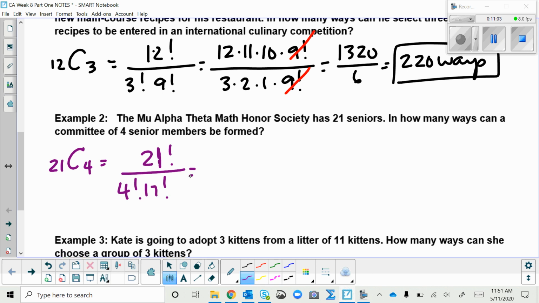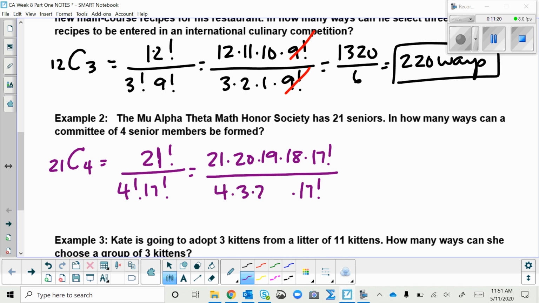And I will break down 21 just till I get to the 17. Because I'm going to cancel that with the 17 factorial in the denominator. And then the 4 factorial I will break down. So these cancel. And you can multiply across the top and across the bottom here, but I'm also going to show you the way if you want to start simplifying here to make your numbers smaller.